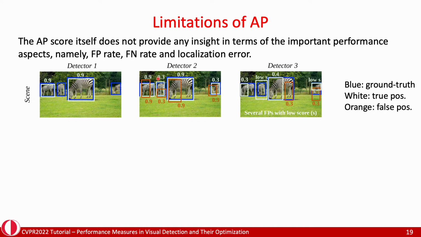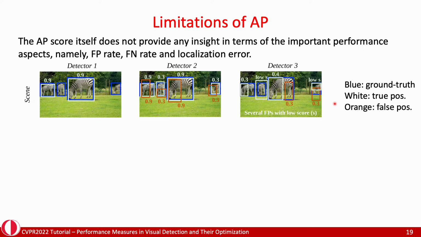And also, there are many false positives, these orange boxes. In the last detector, detector 3, again, four objects are detected. There are four true positives, but this time with even lower scores overall, and there are now fewer false positives.